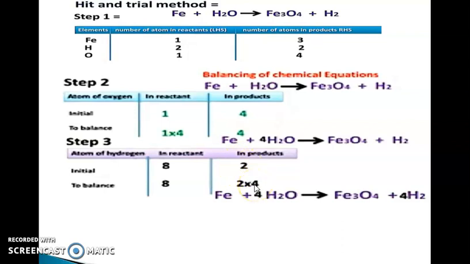When we multiply it, after the balancing, the total number of hydrogen atoms on the reactant side is 8, as well as on the product side it is 8. So after that, you will see that Fe plus 4H2O gives Fe3O4 plus 4H2. So in this reaction, oxygen gets balanced, hydrogen gets balanced.